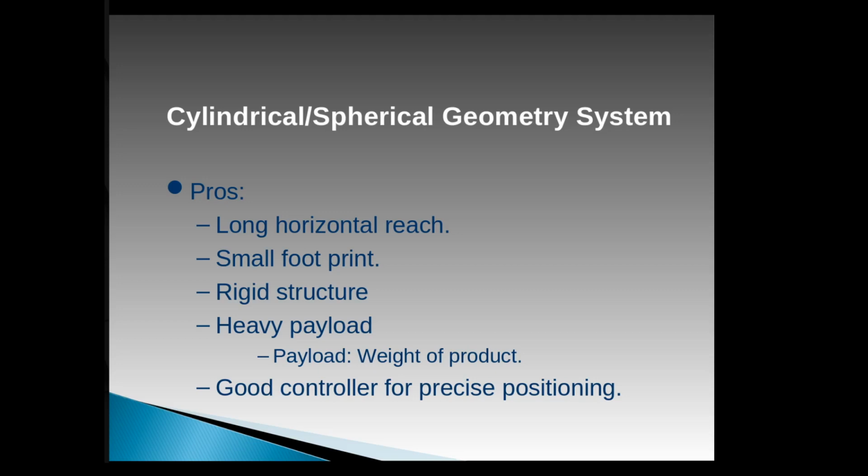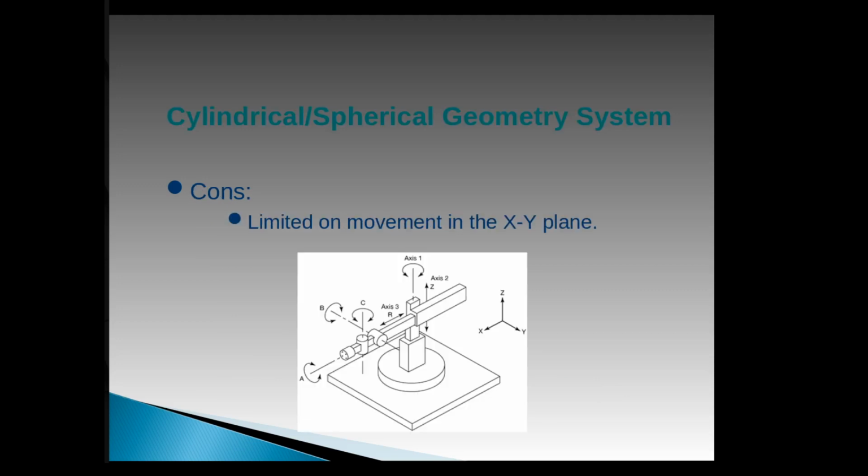They can usually do quite heavy payloads, and they can do pretty precise positioning with a good controller. Okay, but they do have limited movement in the XY plane, so you can't really use one of these robots, either cylindrical or spherical. You can't get that end of arm tool to move in a straight line. Okay, it just won't do it.